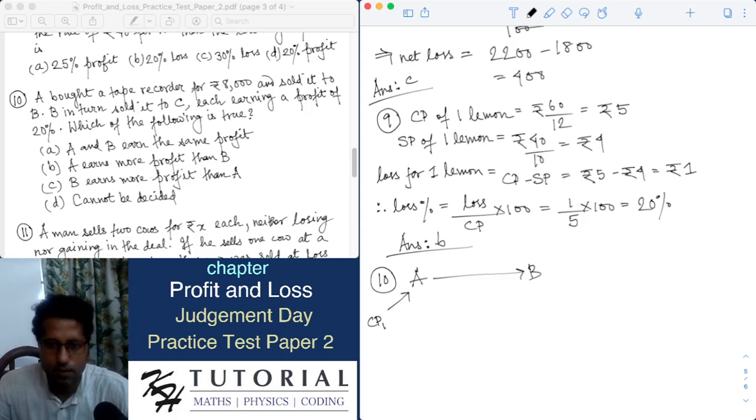A sold it to B, and B in turn sold it to C, each earning a profit of 20%.